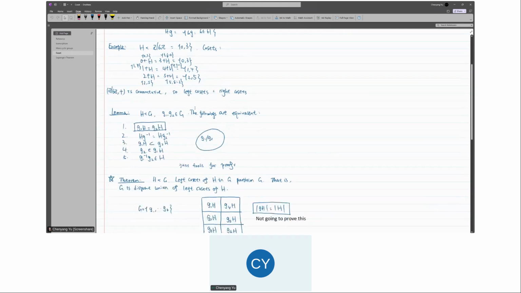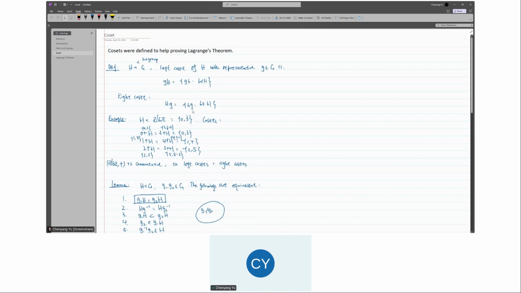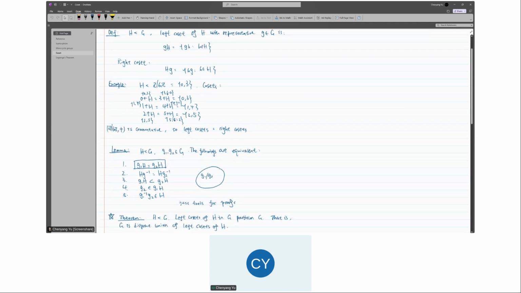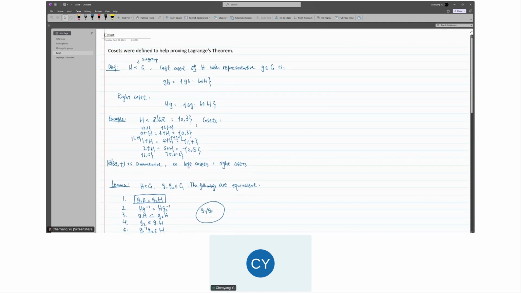For a concrete example, let's say H equals {0, 3}. This is a subgroup of Z/6Z.